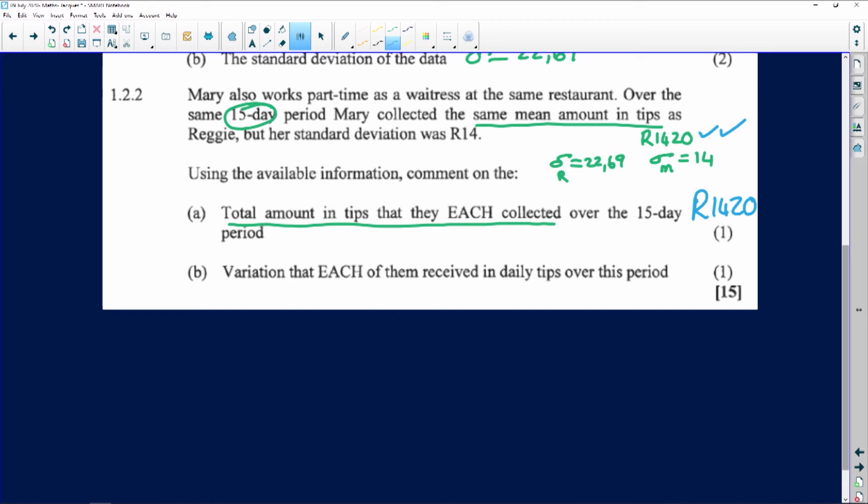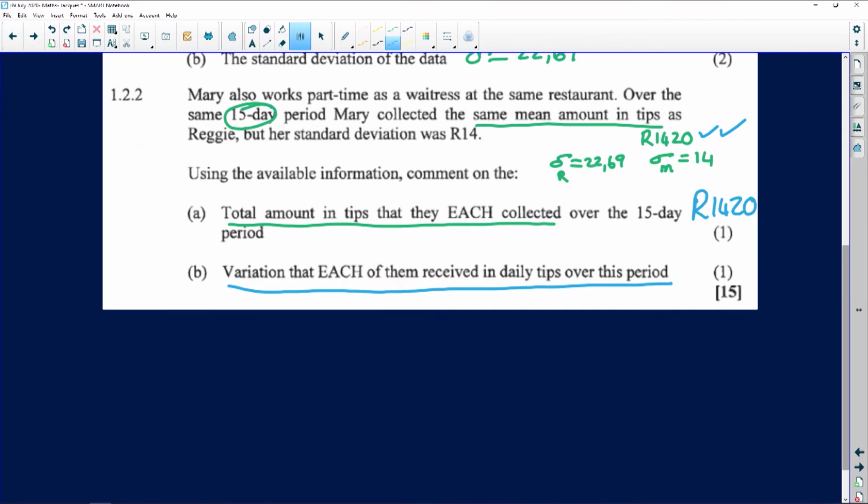Okay, now, using the information available, comment on the variation that each of them receive in daily tips over this period. Now, folks, the fact that Reggie had a bigger standard deviation means his tips varied more over time than Mary's tips varied.